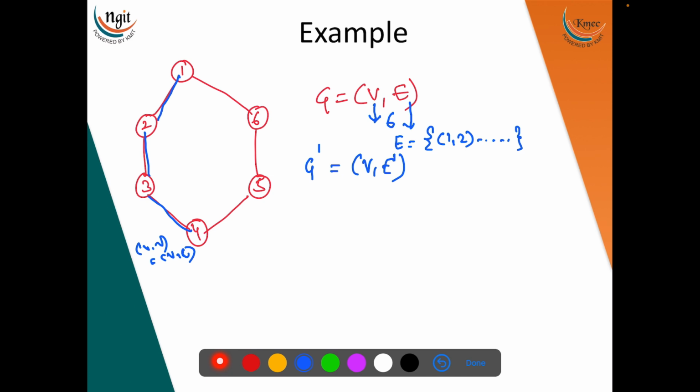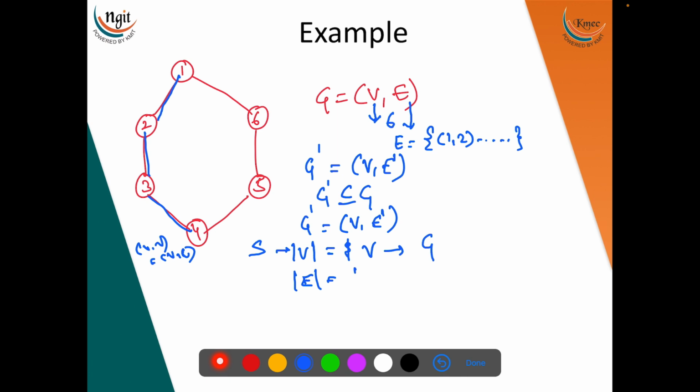That means G dash is a subset of the graph G, where V is the same V. This V is graph G's, this V is S's. Now E dash is equal to V minus 1, right?